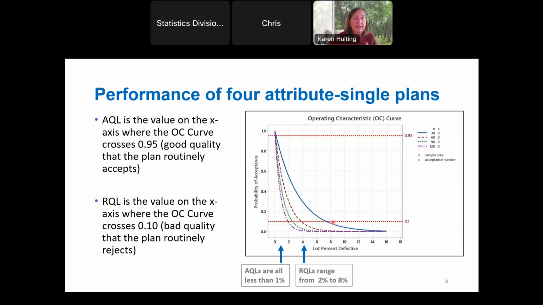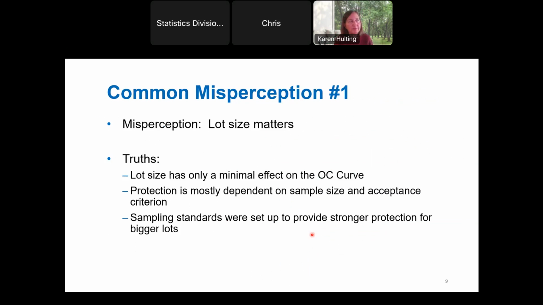You don't have to get to as high a percent defective before you have a really good chance of holding that product. And so this is probably the more common application of an OC curve. But as we'll talk about later, you often use the term AQL sampling, and it's really good to understand what really is the AQL of a sample plan. You can read it right off the OC curve.